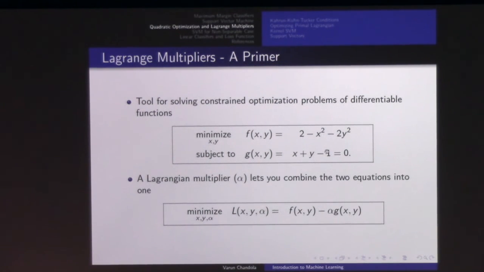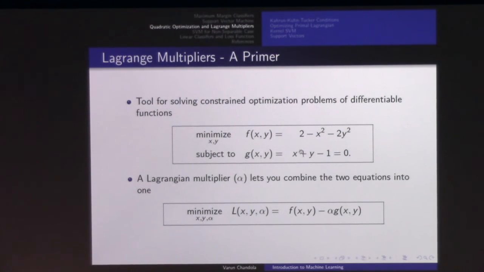So now you have converted this constrained optimization problem into an unconstrained optimization problem by introducing an additional variable, an additional parameter that you want to figure out. So now you want to minimize this function and find the x, y, and alpha that minimize it. And whatever solution you get, because you're minimizing this, it will satisfy this constraint.